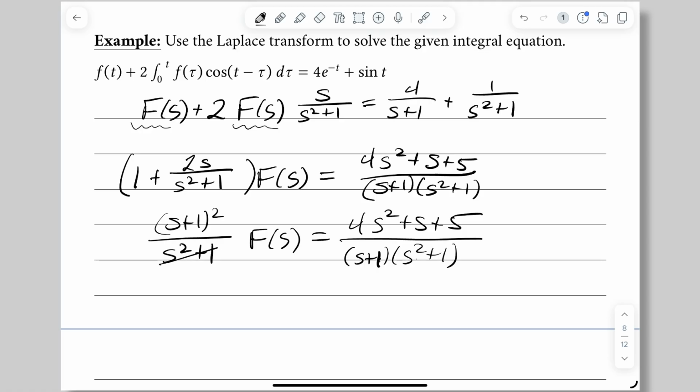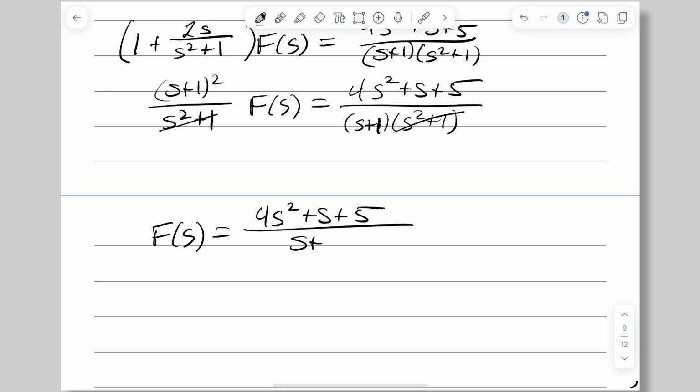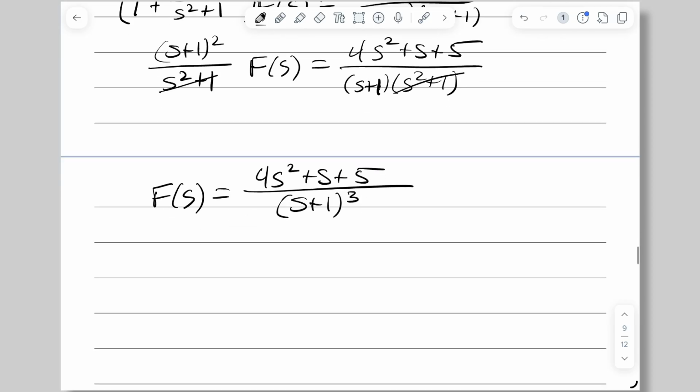The s squared plus 1's divide out, and isolating F of s is going to give us 4s squared plus s plus 5 divided by s plus 1 the quantity cubed. And for this, we do need partial fraction decomposition.